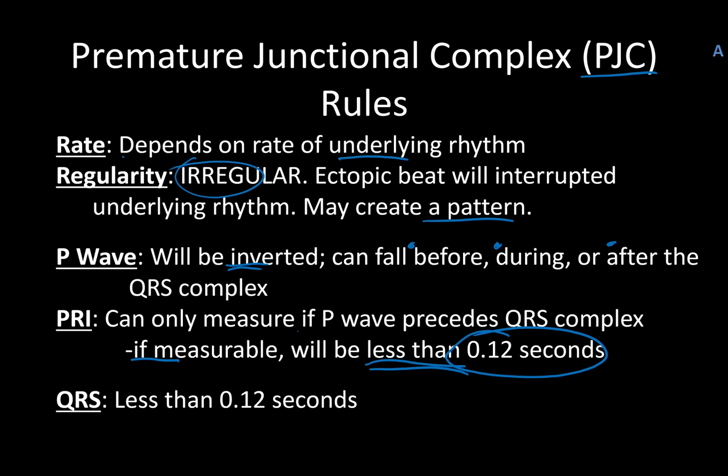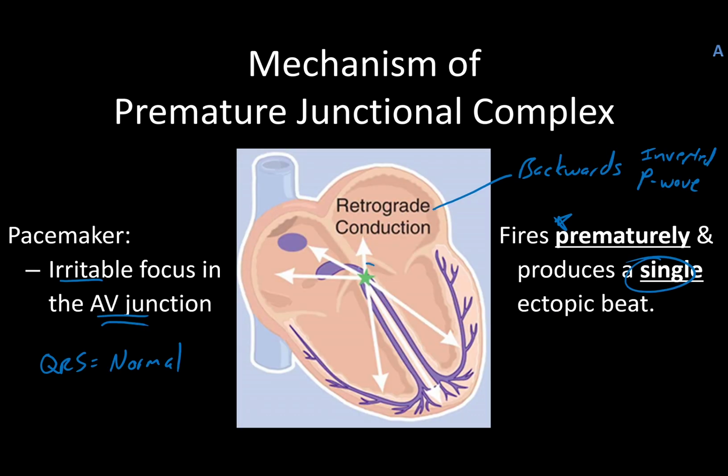How does this happen? Well, basically because it's originating in the AV node. I'll actually go back a second here. Because it's originating here at the AV node, depending on its location, which can be anywhere along this track, it might actually bypass the delay.